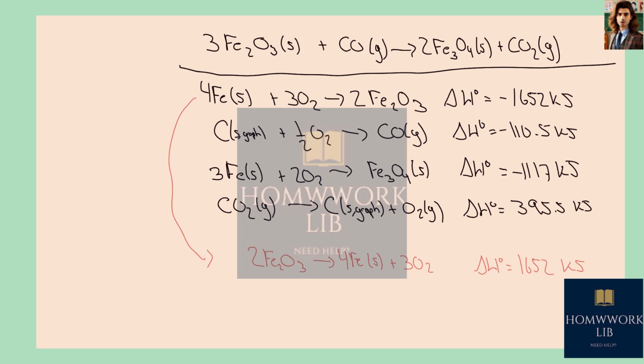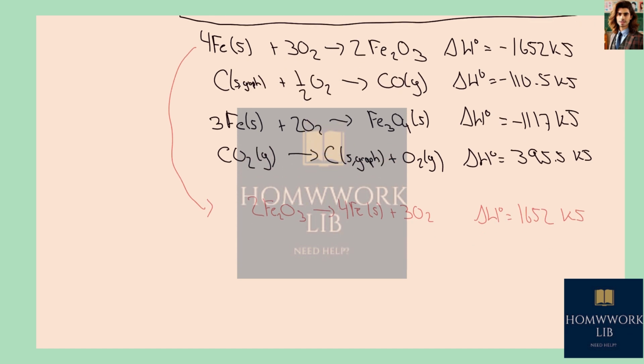Next up, I'm going to do the same with the one of CO gas, because I have CO as a reactant. So CO gas going into carbon solid plus 1/2 of O2, and the delta H of this reaction would be 110.5 kilojoules.